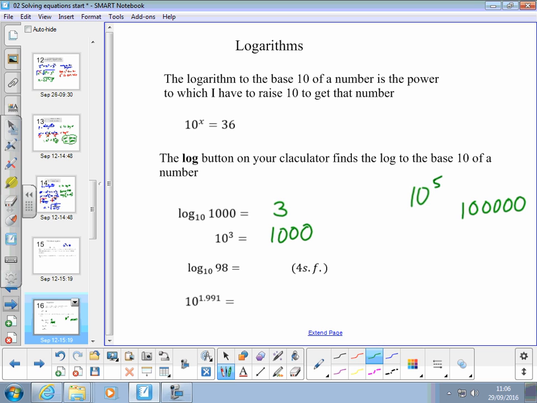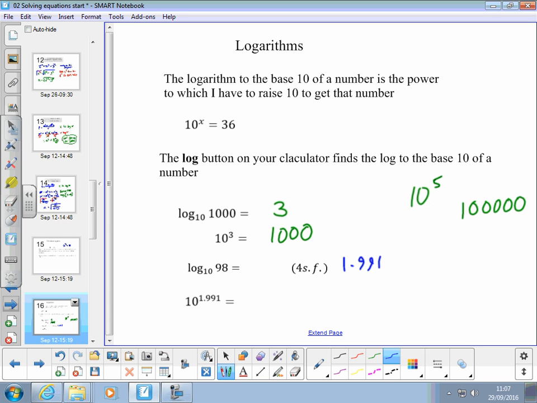Log to the base 10 of 98 to 4 significant figures is 1.991, and then if you do 10 to the power 1.991, you won't get it exactly because you rounded the 1.991.